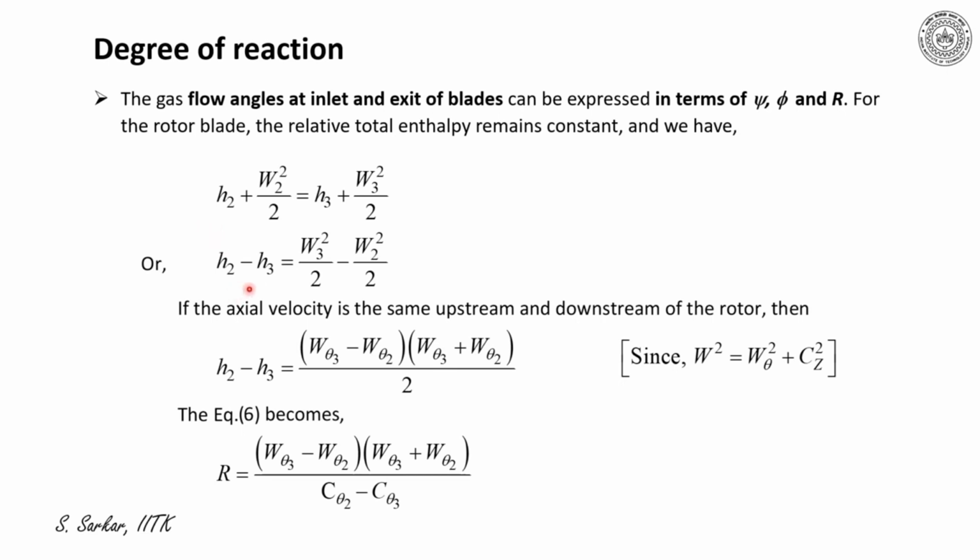Hence, H2 minus H3 is equal to W3 squared by 2 minus W2 squared by 2.